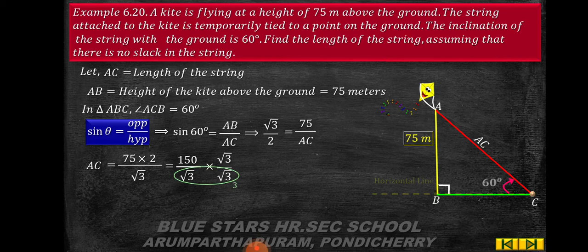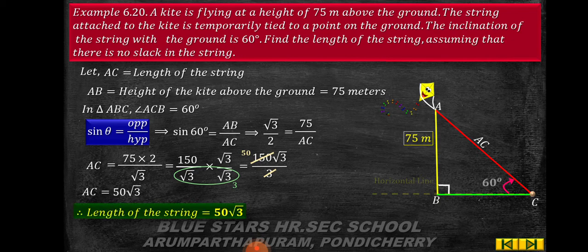You get 150 root 3 divided by 3, because root 3 into root 3 gives 3. Cancelling 150 and 3 we get 50 root 3. Therefore AC is equal to 50 root 3. Therefore the length of the string is equal to 50 root 3.